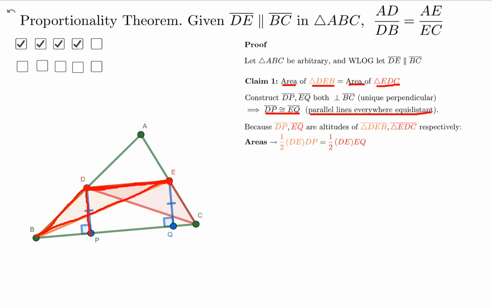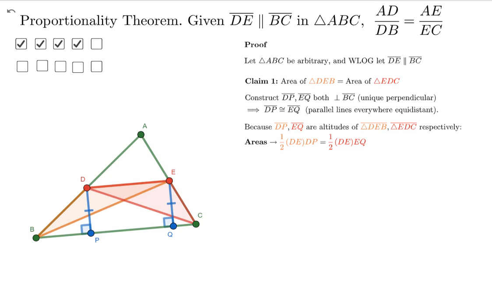And the same will work for the other triangle. So you can see that they have this line segment in common, DE, our parallel line segment. This one has DP, this one has EQ. Doesn't really matter, they're the same length, so we could do some substitutions later. But these are calculating the actual areas of these two triangles to see why they in fact have the same area.